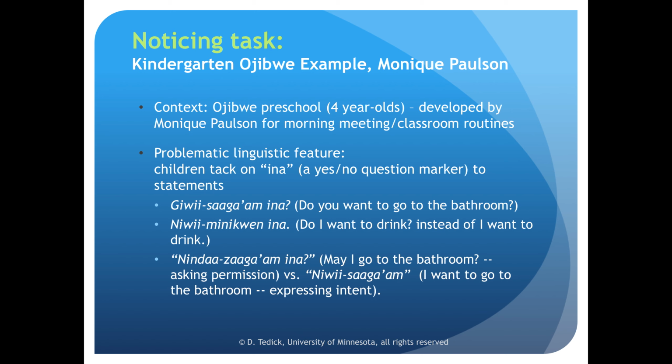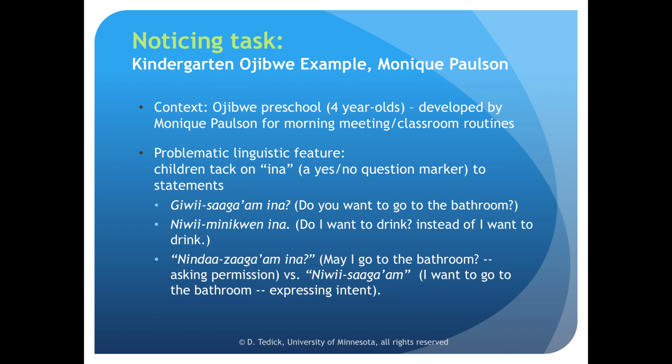And I mentioned this earlier, the problematic feature was INA. That's a yes-no question marker, so it's only supposed to appear in questions that would be answered by yes or no. And what the students do is they have a tendency to put INA into their statements.